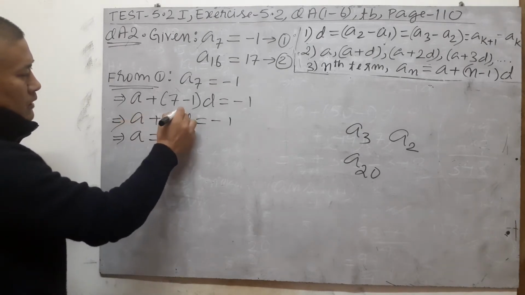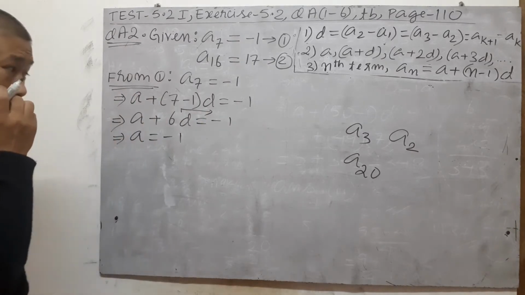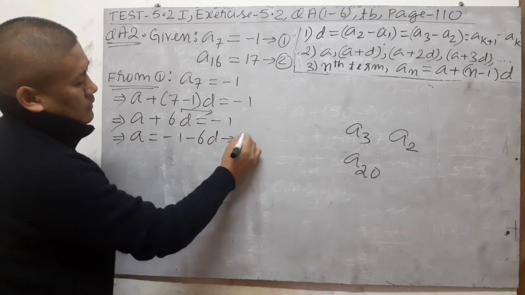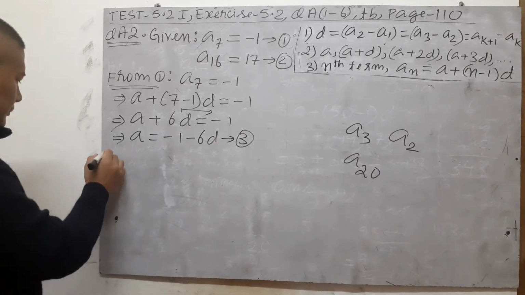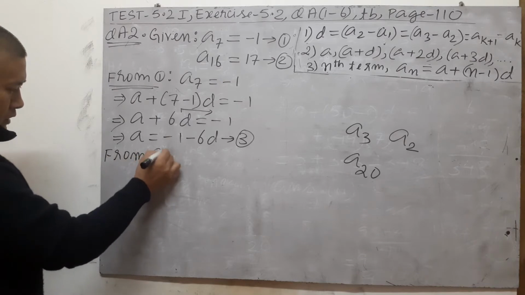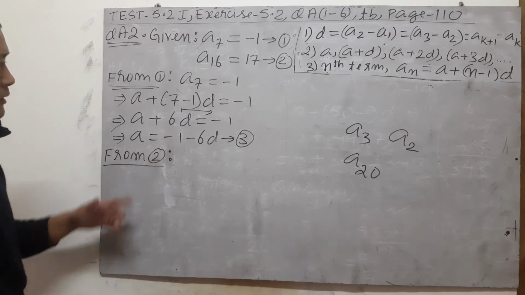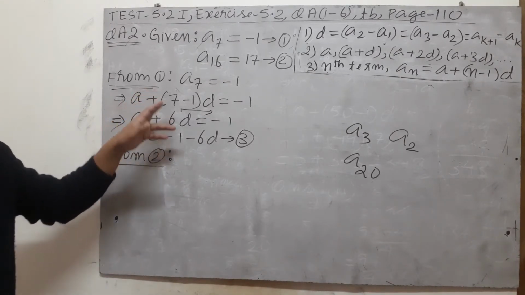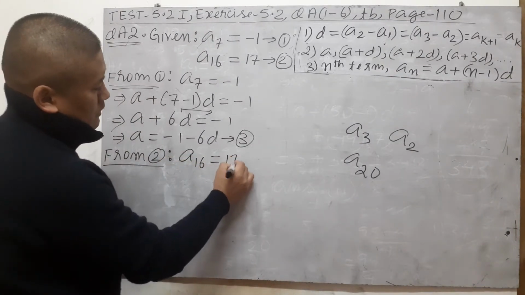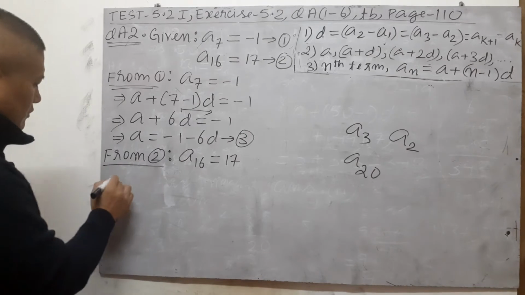Just keep a there and shift this plus 6d to the right side, then it will become -6d. Let us put this one as 3, and then let us deal with equation number 2 just like we did for 1 here, right? So here A16 will be equal to 17, as you can see here from equation 2.